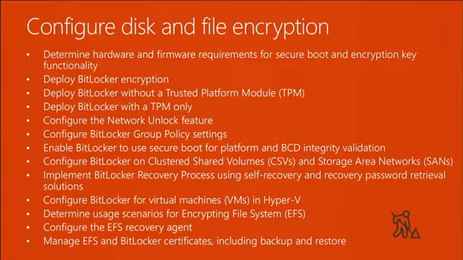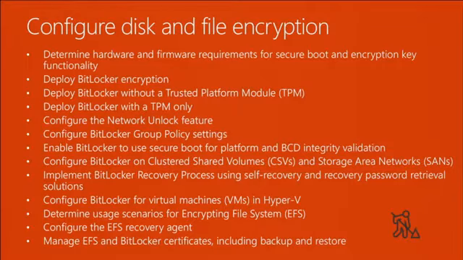But you could see some topics that I'm considering to insist a bit more. For example, configure the network unlock feature, which was available in Windows Server 2012, but not so many people are already familiar with this one. For example, implementing BitLocker on cluster shared volumes, CSV, and storage area networks.